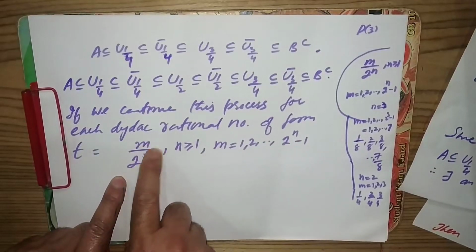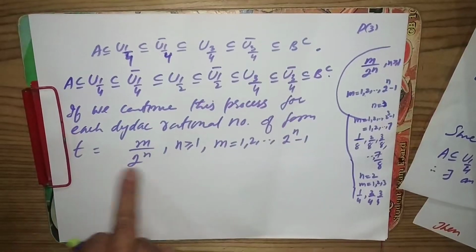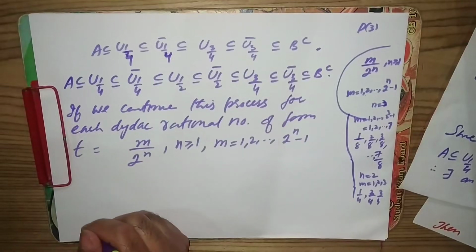So the numerator is always less than the denominator, so they are the dyadic rational numbers lying between 0 and 1.